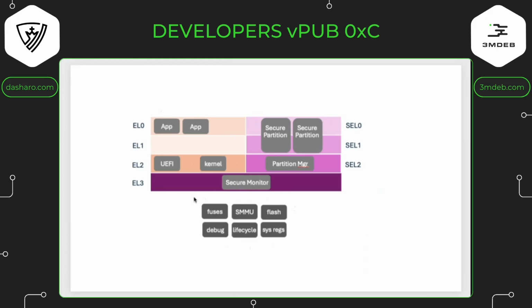But secondly, there's no standard for what life cycle state may be. SoCs typically have some kind of life cycle state they go through as they move through the supply chain, from manufacturing and eventually into a secure production mode. But vendors have complete flexibility to design their own life cycle states.